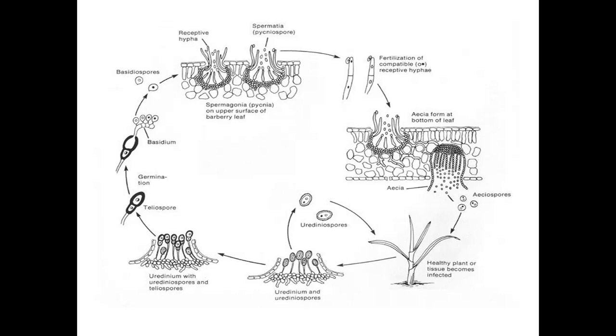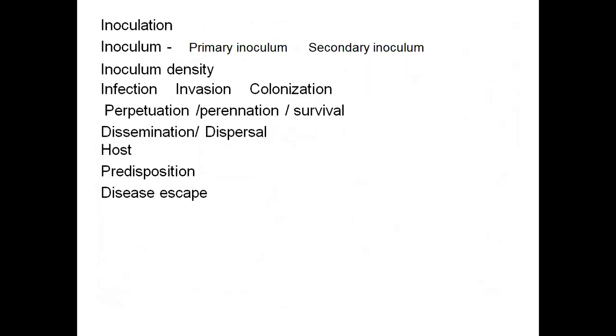And again, when the aeciospores are produced, they cause infection on the wheat crop, and the disease develops, and again the uredospores are formed. In this way, the cycle is completed.